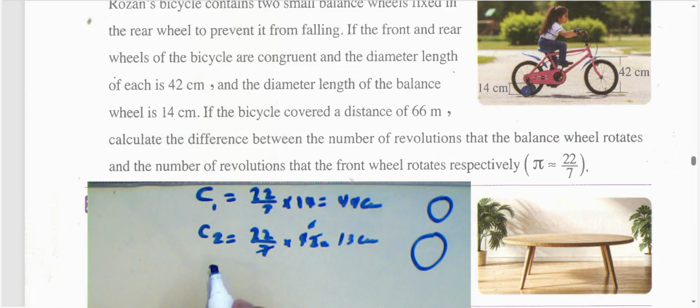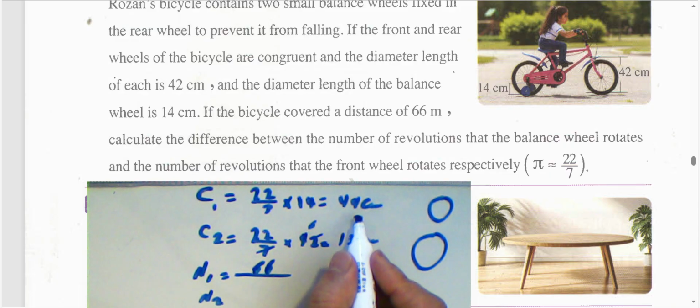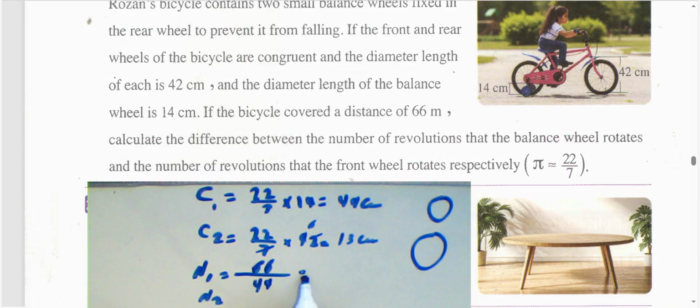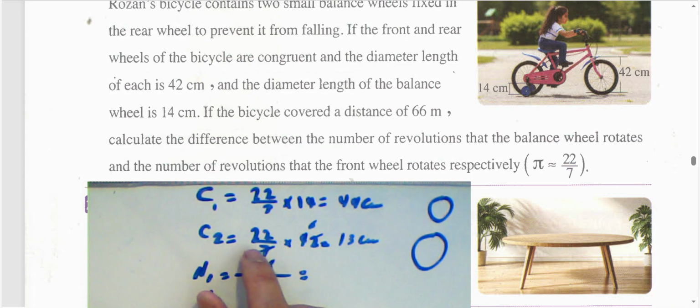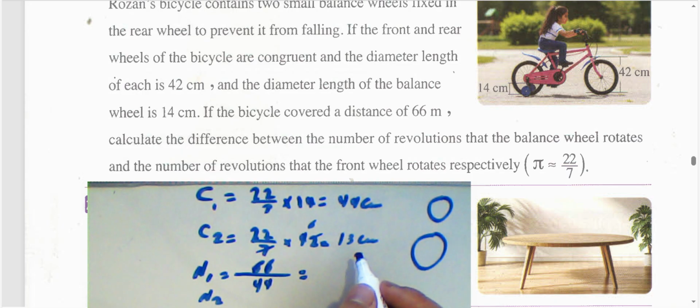Then we can find the difference between the two rotations. We can find the number of rotations 1 and number of rotations 2 about the small and the greater wheel. For the small one, we can write the long distance, given as 66 meter, and we have 44 centimeter. Okay, we can write 44 centimeter circumference, and here 132 centimeter.